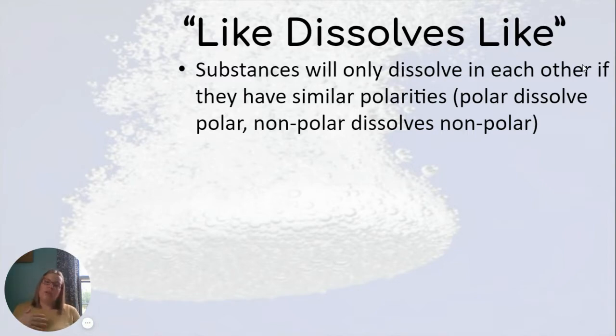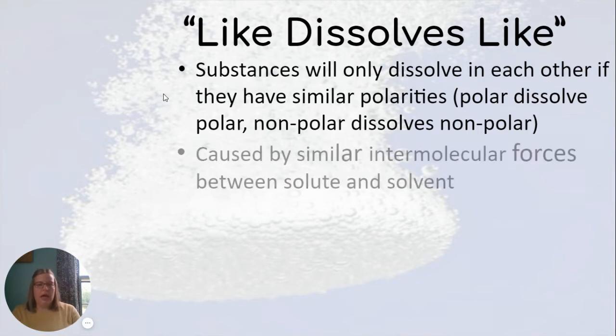Non-polar solutes will dissolve in non-polar solvents, and we haven't necessarily talked about them in a little while, but ionic solutes will also dissolve in polar solvents because they both have that positive and negative charge going on. But if I try to take an ionic solute, like NaCl, that is not going to be able to dissolve in something that's non-polar, okay?